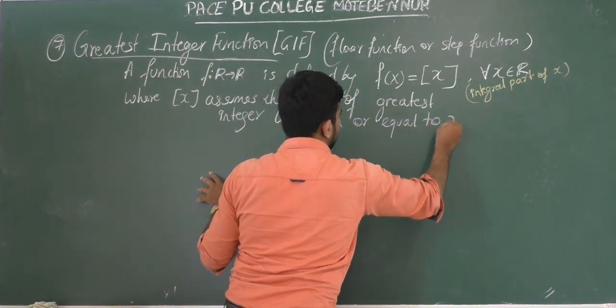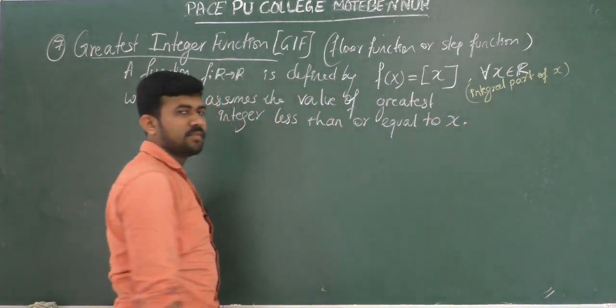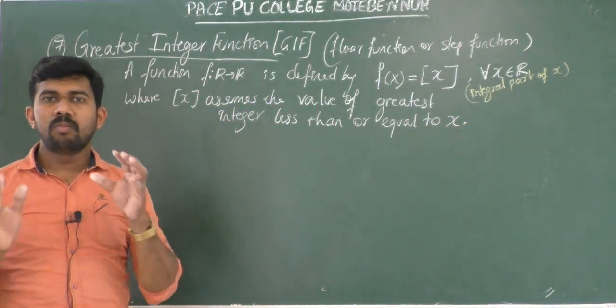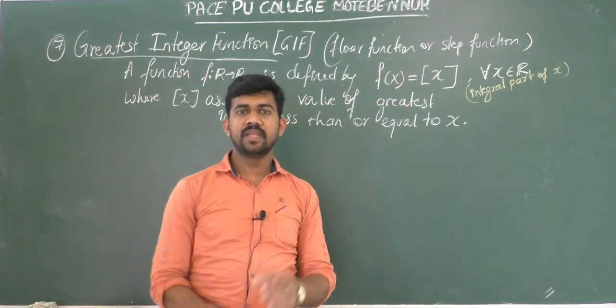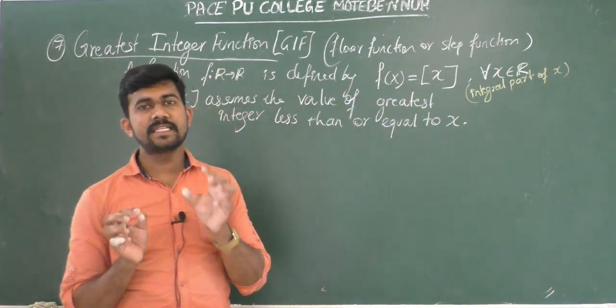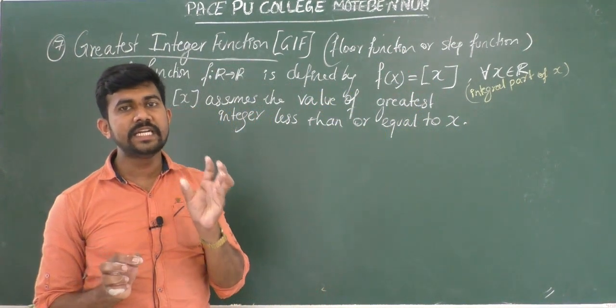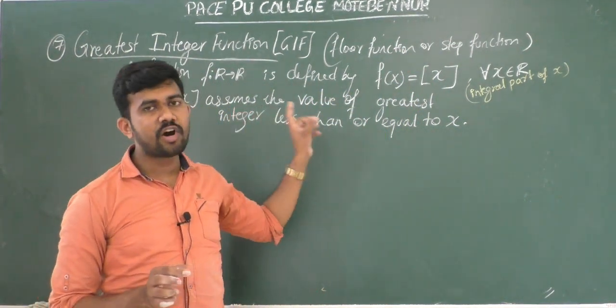Okay, see what is the meaning of this. This is not mod x, this is integral part of x. Integral part of x assumes the value of greatest integer less than or equal to x.